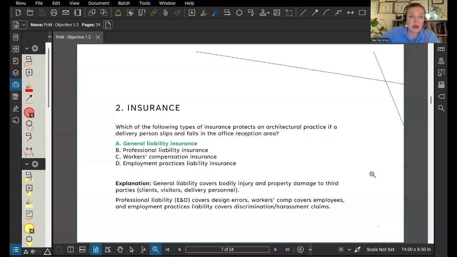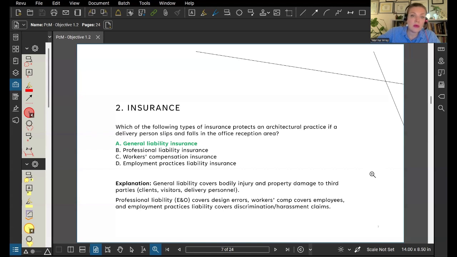And the reason why is because it covers bodily injury and property damage to third parties, and those can be clients, visitors, or delivery personnel, not just the employees. That's the general liability. So we know that the professional liability, or E&O, errors and omissions, covers design errors.